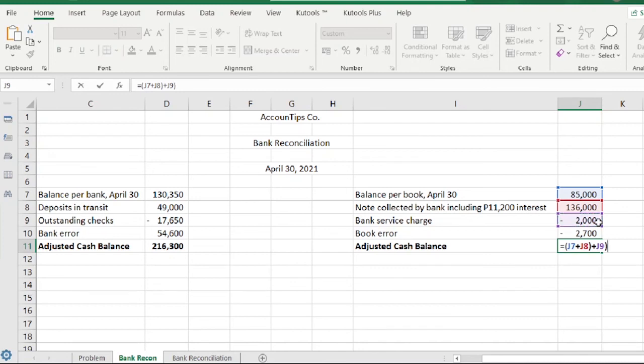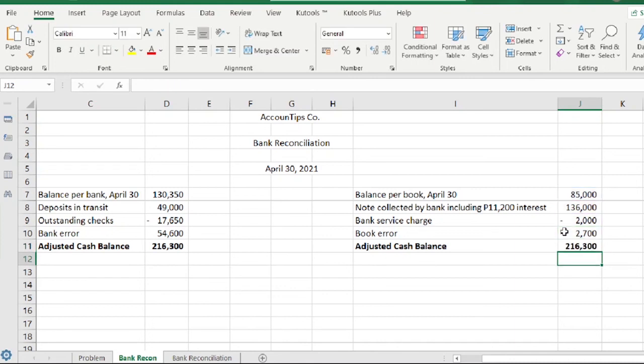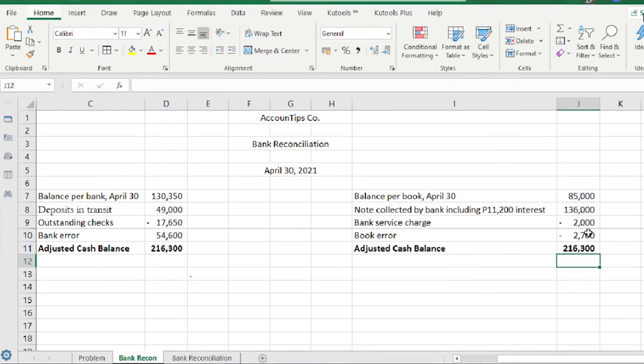And then add the last adjustment, which is the book error, amounting to negative 2,700. And this gives us a result of 216,300.